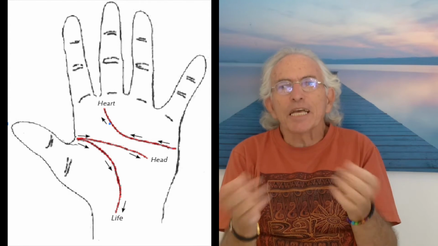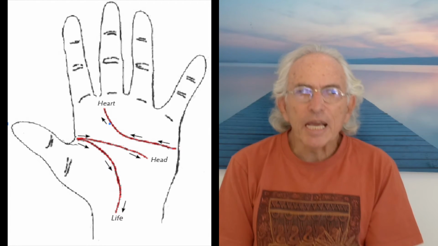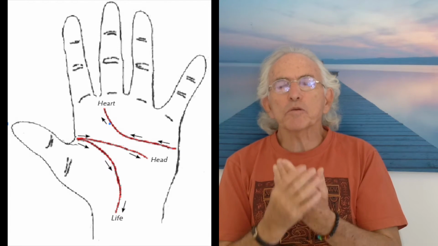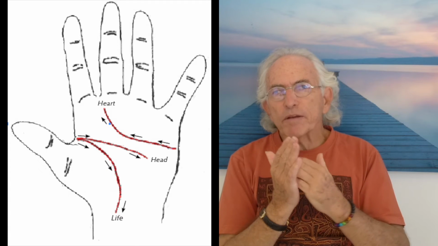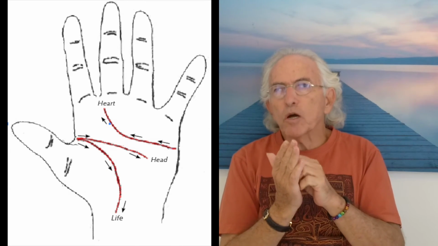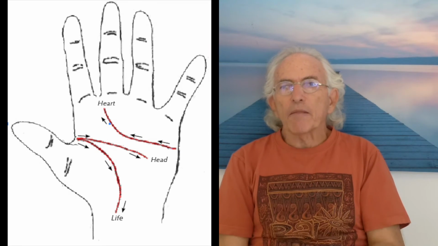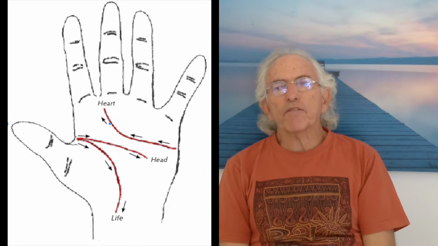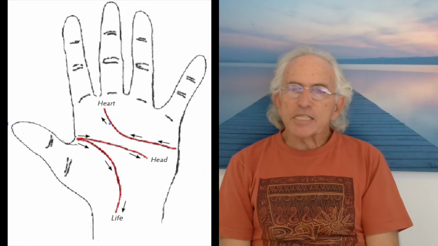The hotline begins in Mercury, and then it goes across the palm, and somewhere around Saturn, if it crosses the Saturn mount, it will go up towards Jupiter. That is the growth of the hotline. It is not the other way, and if you see a palmistry book that says otherwise, it's wrong.